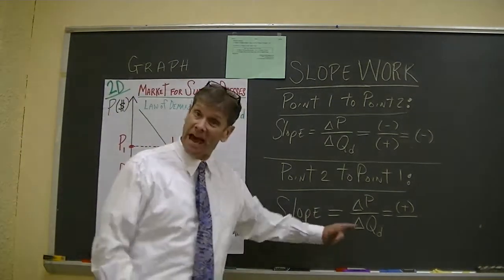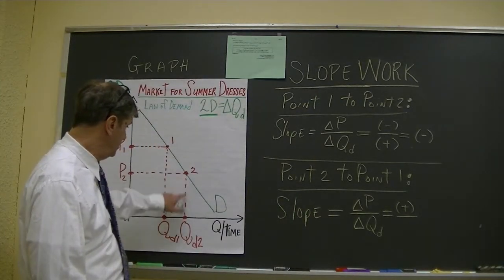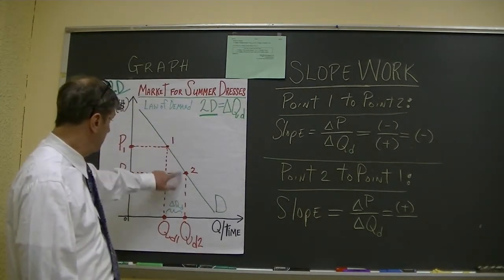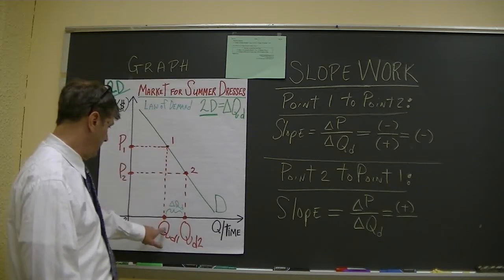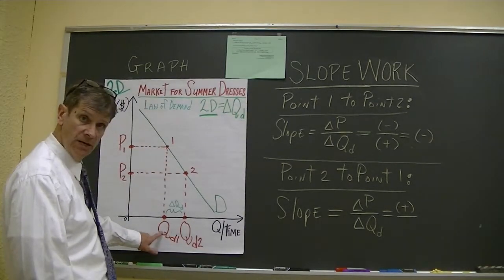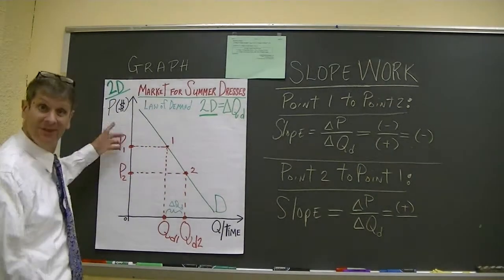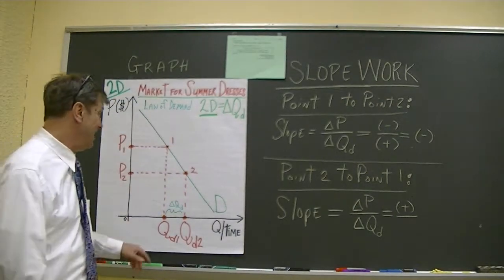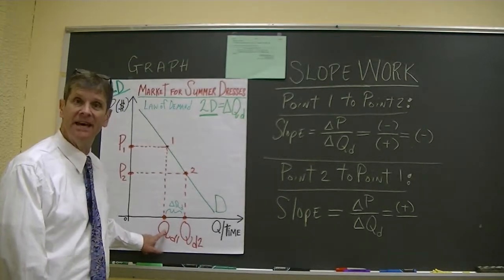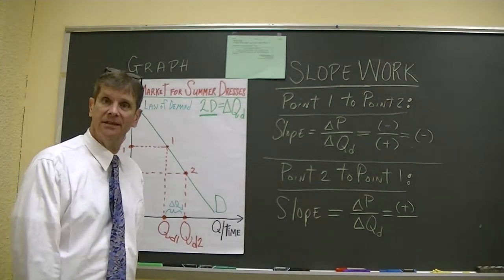But quantity demand goes from point 2, QD2, to point 1, QD1, because we're going from point 2 to point 1 because price went up. All connects, right? So the change in quantity demand then is going to be a decrease or a negative change.